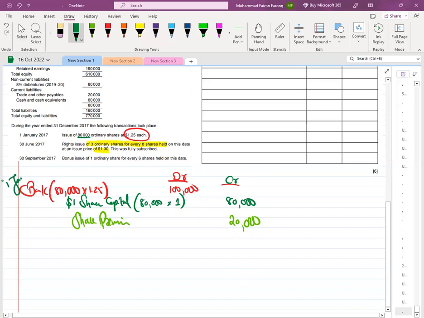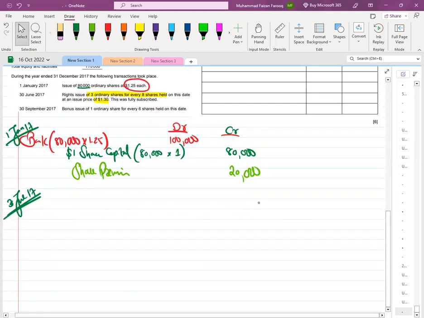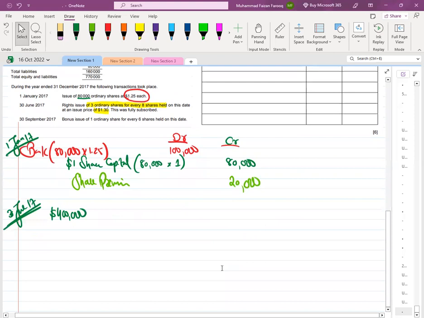The entry is bank, share capital and premium, same as before. Now, 30th June. How many shares do we already have? It's given here, 400,000 shares, right? It's not the number of shares, it's the value, right or wrong?